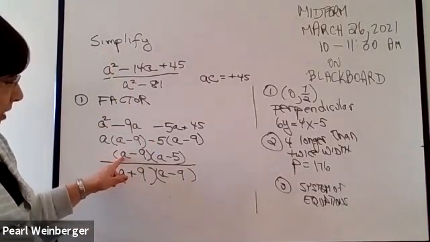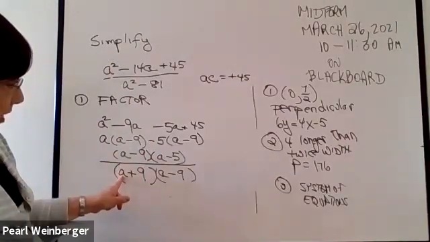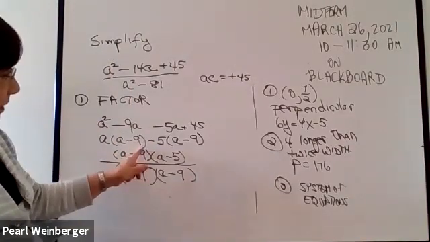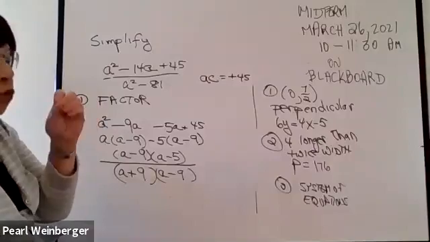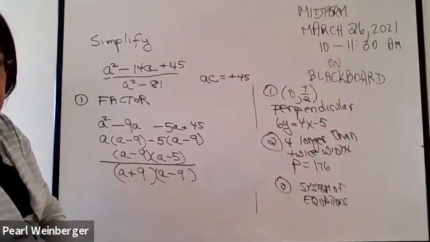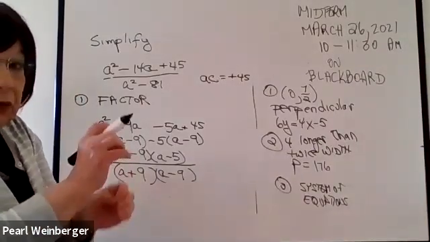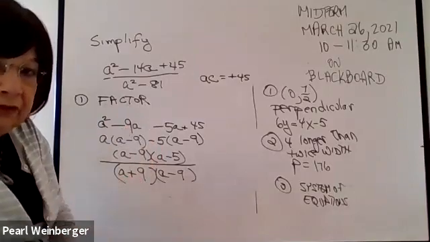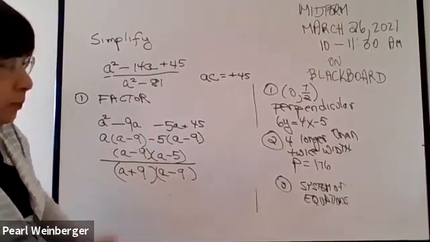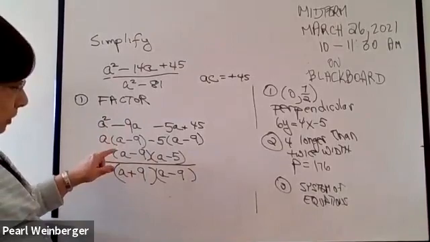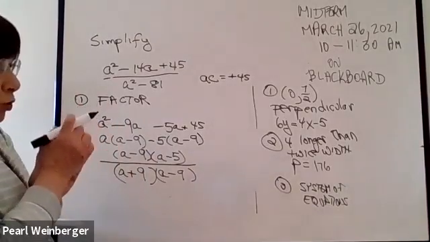I cannot take the a here and cross it out with the a here and the 9 here with a 9 here. I can't do it by pieces. I can do it by pieces when I have monomials, when there are no pluses or minuses. But when I have binomials, I have to look for a whole unit.